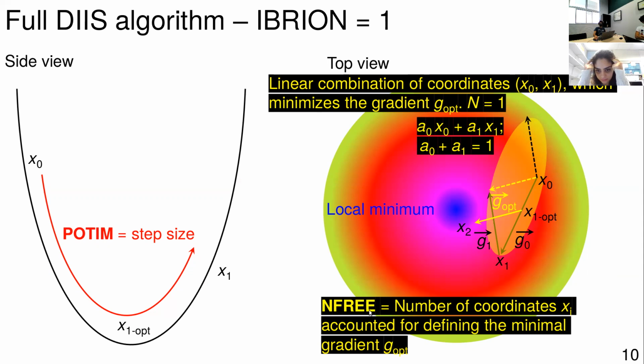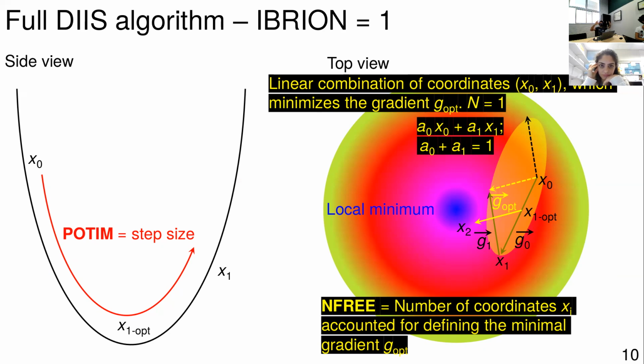What is n3? n3 is the number of coordinates that you are keeping in history in order to apply this algorithm. So in this case, n3 is basically 1, let's say, because from here you're just keeping one position. But think that you are after n steps, if you put n3 equal to 10, it means that this linear combination of coordinates will account for positions 0, 1, 2, 3, 4, 5, 6, 7, 8, 9, 10.